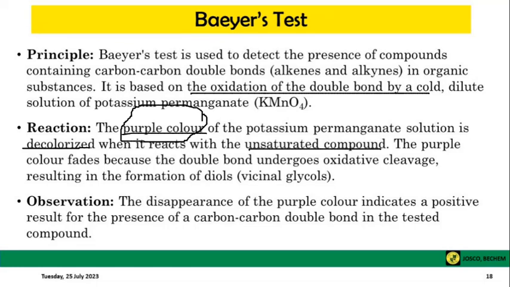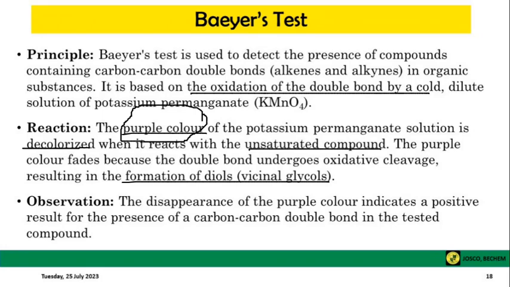Why is it going to fade? It's going to fade because the double bond would then have been oxidized to form diols or vicinal glycols. That is for the reaction. So in terms of the practical aspect, what are we going to see? We have the sample, we've added our purple colored potassium permanganate solution.